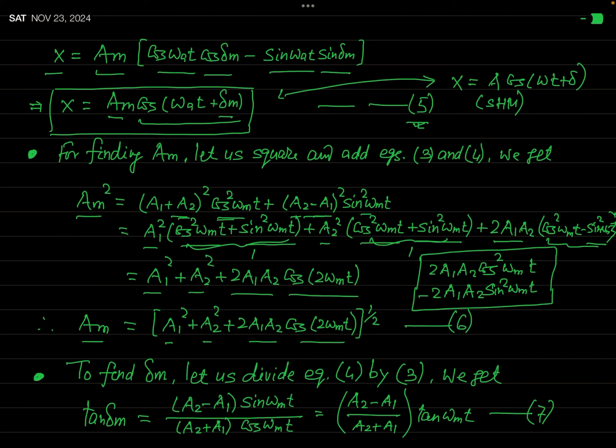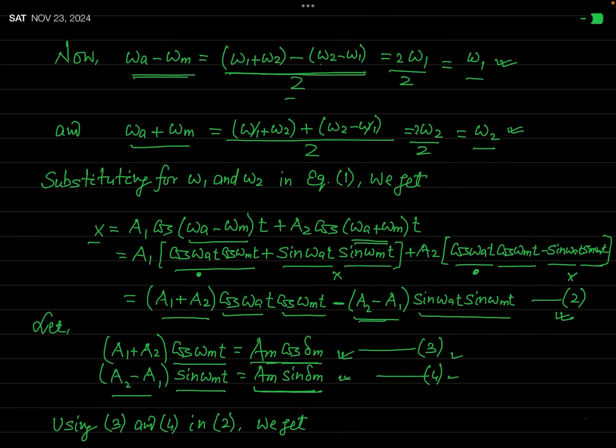Now we will find the value of the unknown quantity delta m. Again see equations 3 and 4. If your aim is to find delta m, you have to eliminate Am, because Am is also unknown. And for this, let us divide equation 4 by 3.